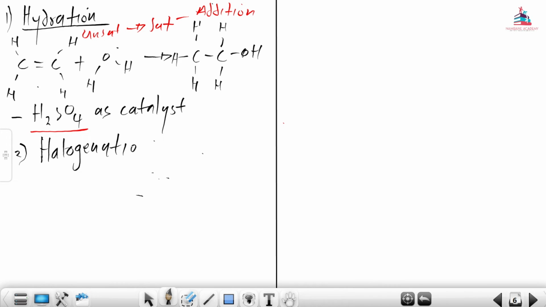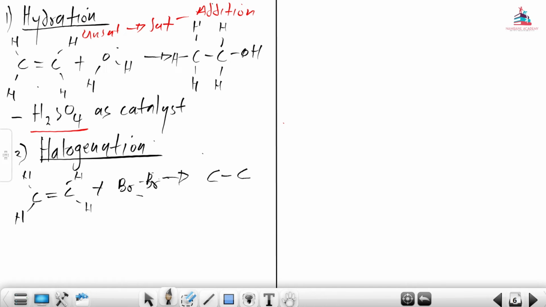Halogenation. That is now the second type of addition reaction. We start also with a double bond, with H, H, H, H, and then we add our halogen. In this case, I'm going to add Br, Br. Then the product that is formed will be C, C with single bonds.